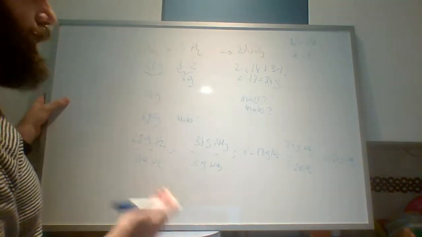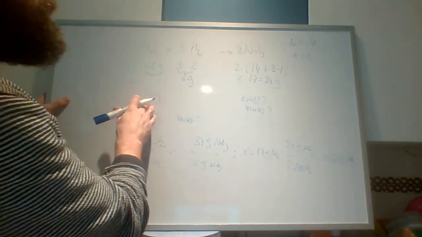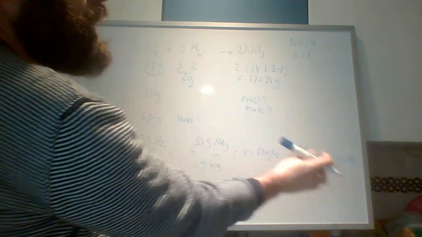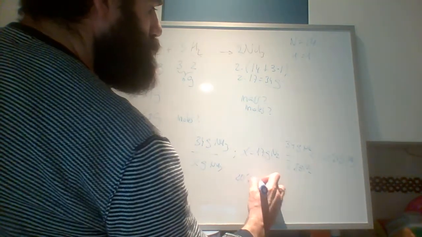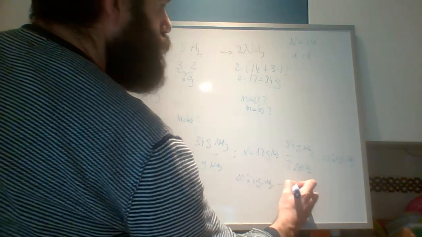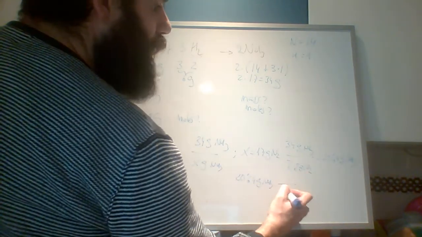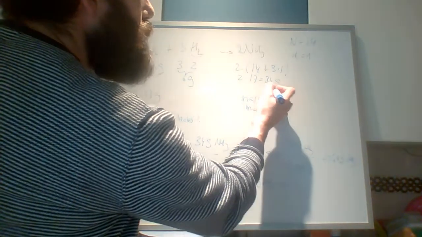And now they say, okay, from the same amount of mass of nitrogen, calculate the number of moles. We can pass directly these grams to moles. You have to write down the mass, 34.